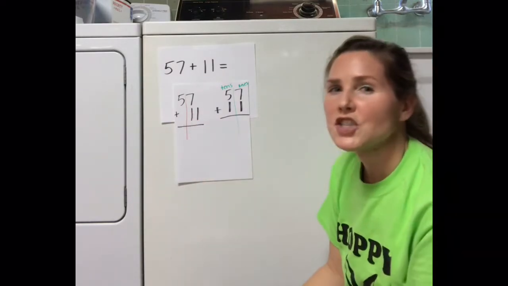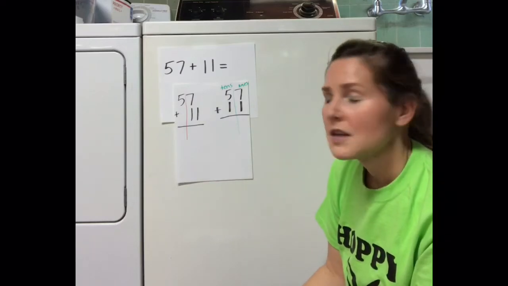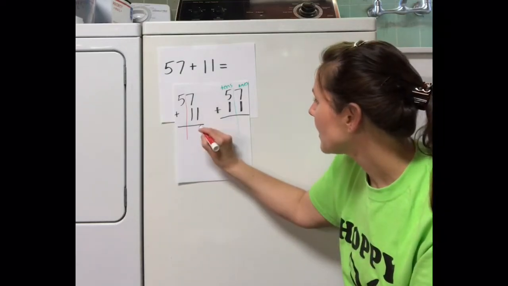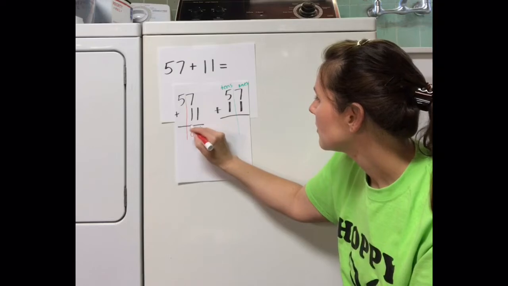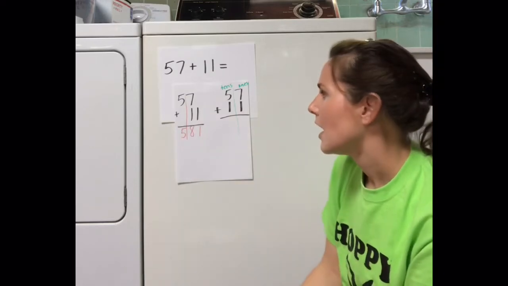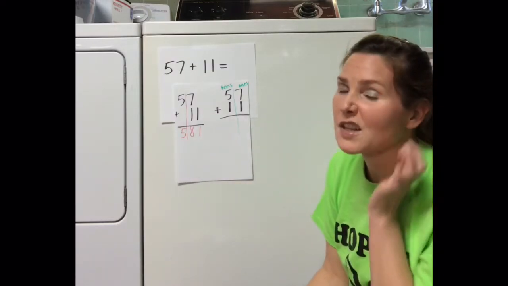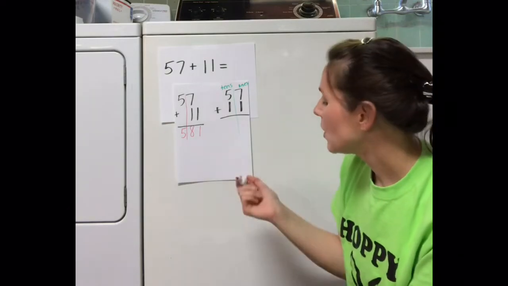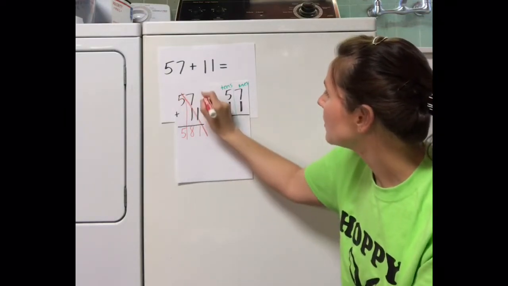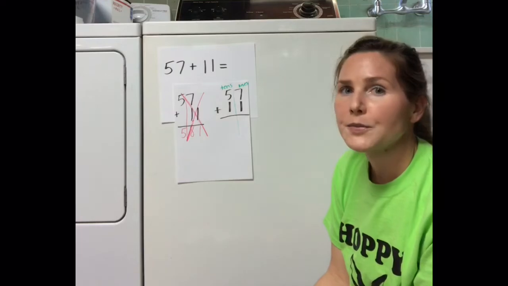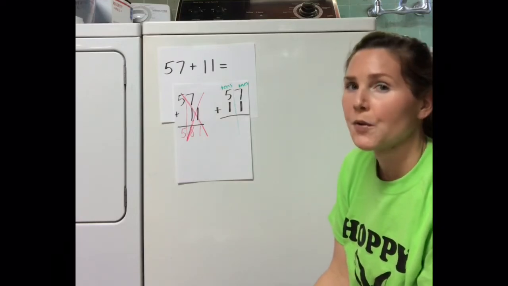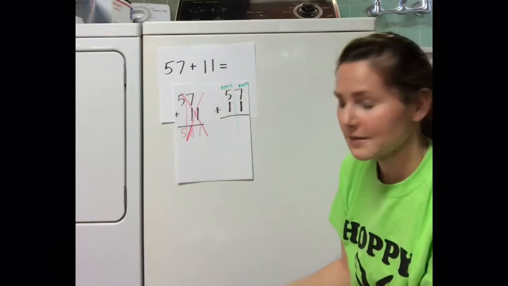That's going to make it really challenging to solve this. If I tried, it would end up like this. And 581 is definitely the wrong answer. So I'm going to draw an X through here. Hopefully that helps to demonstrate why it's so important to line up those columns.